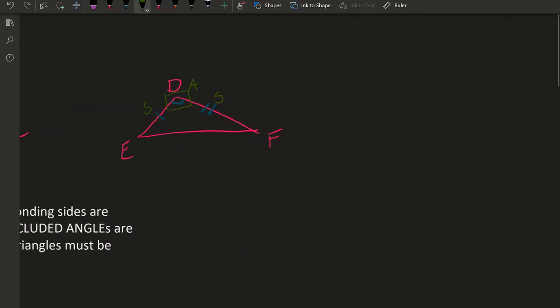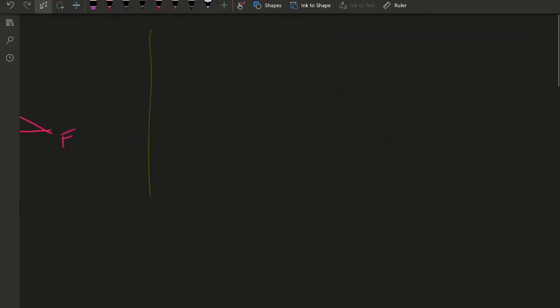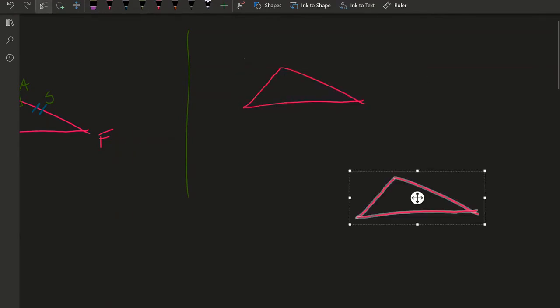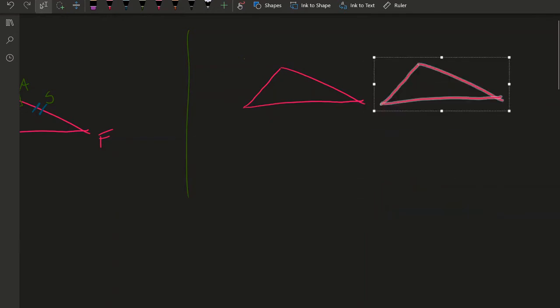Now, before I go any further on how this works, I would like to illustrate some non-examples. So if I have 2 triangles and I have 2 sides like that, 2 sets of sides that are congruent, and then I have this angle.